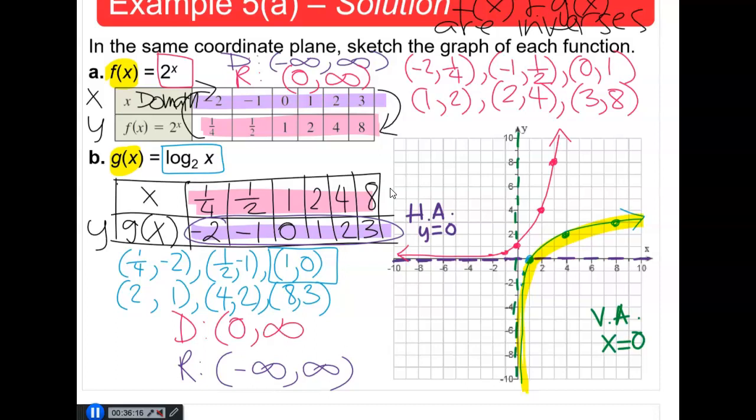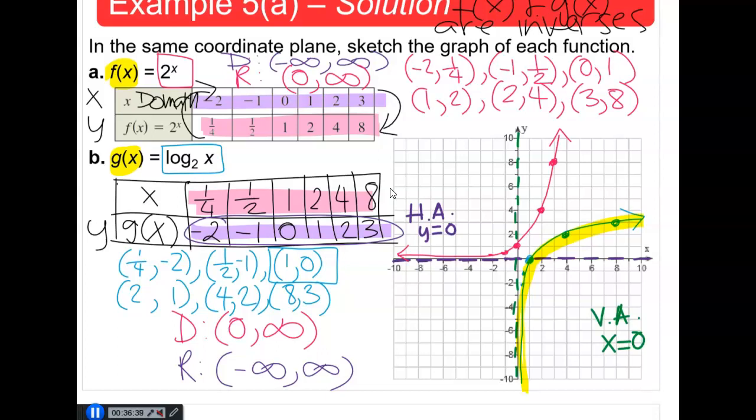So just like we interchange x and y on our tables, we could also make that in a statement and extend it to the whole set of x and y's, also known as domain and range. So you could see both graphs are increasing here.